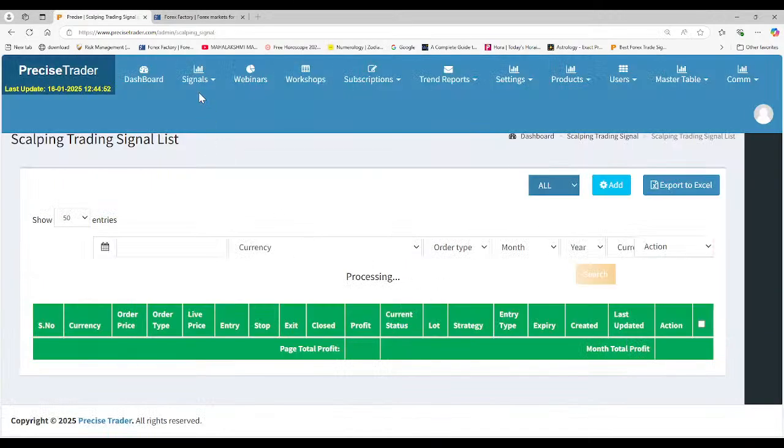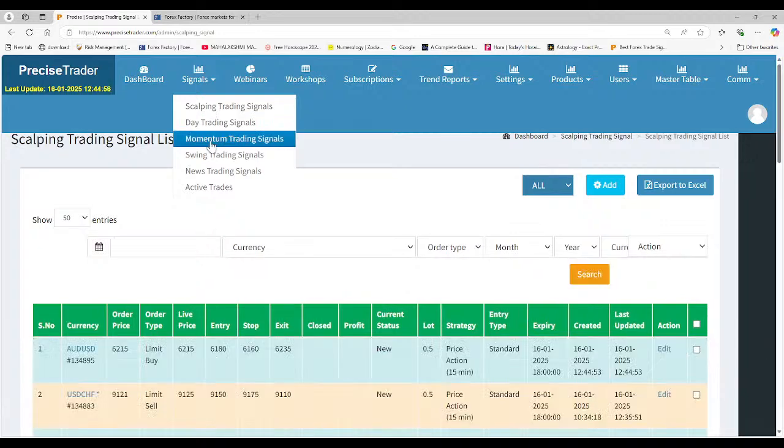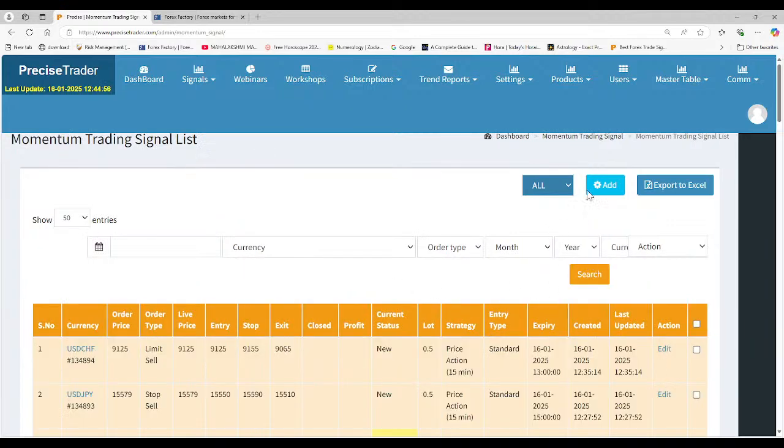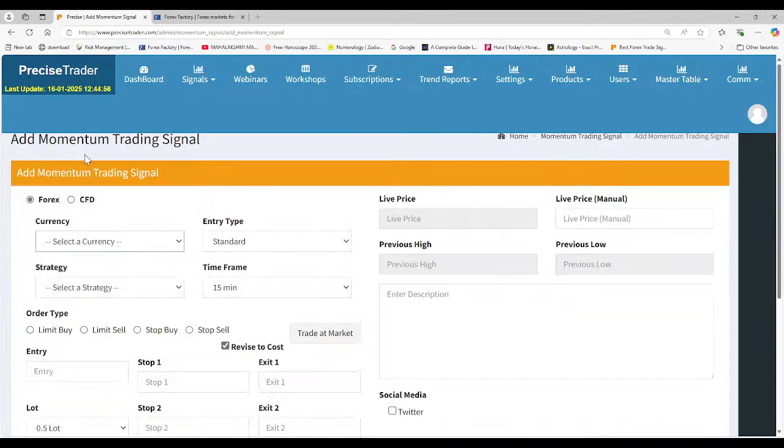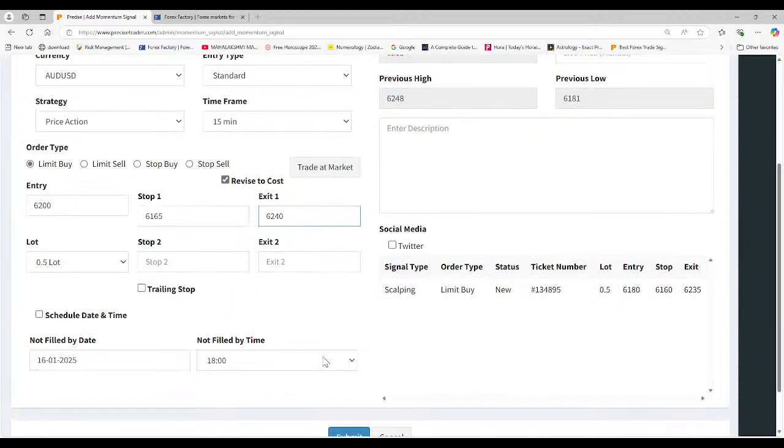Then we can go for one more, a momentum trade. Momentum trade, we will try to buy at 62. The stop we will put at 61.65 and 62.40 as our TP, and for this we will give until 3 o'clock.